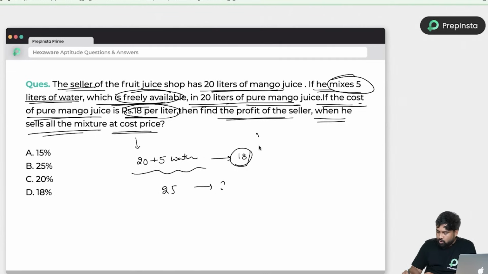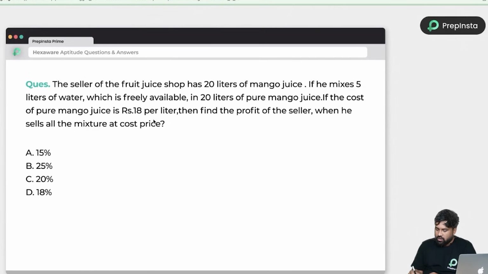Many people will do this problem with a wrong approach. I will let you know how they will do it first. 1 liter is 18 rupees, so 20 liters is how much? So 20 into 18 is the amount. Whatever the amount is, I don't know, I am saying for example X. And now 5 liters is also added, so they will multiply 25 into 18 and they will get some Y amount.